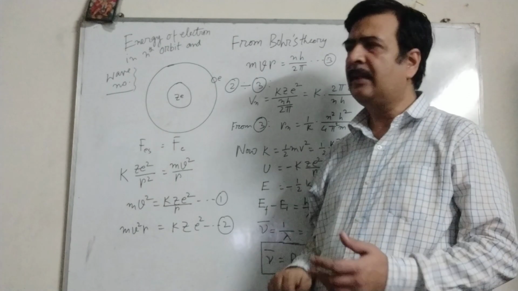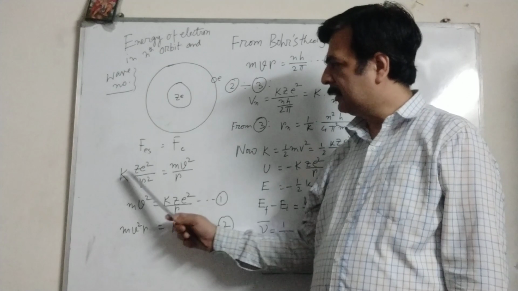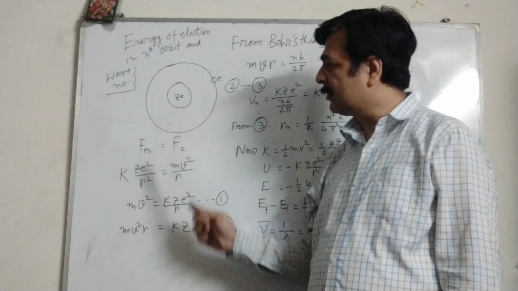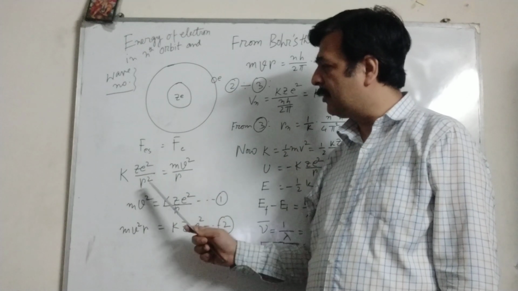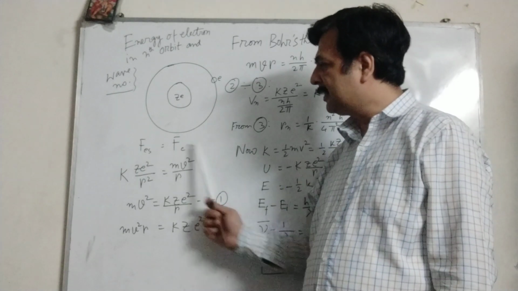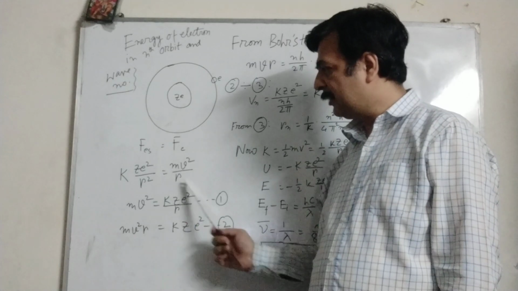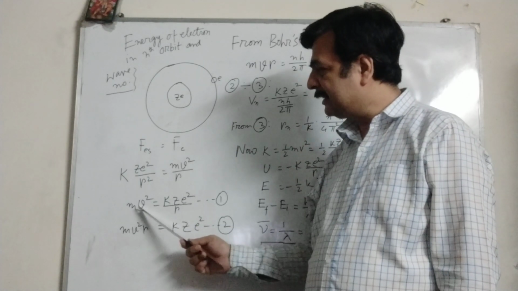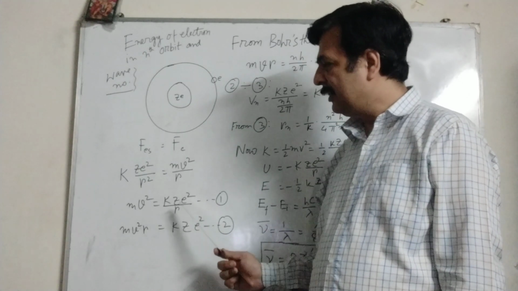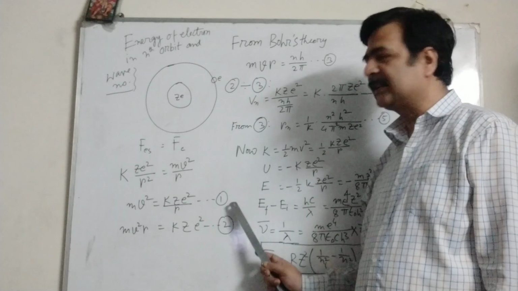At the last level I will write it as 1 by 4 pi epsilon naught. So the Coulombic force between the nucleus and the electron is kZe squared by r squared, and that will be balanced against the centrifugal force mv squared by r. So I have calculated, and here we can see mv squared is equal to kZe squared by r. This is equation number 1.